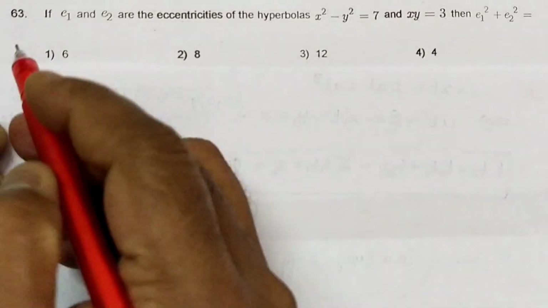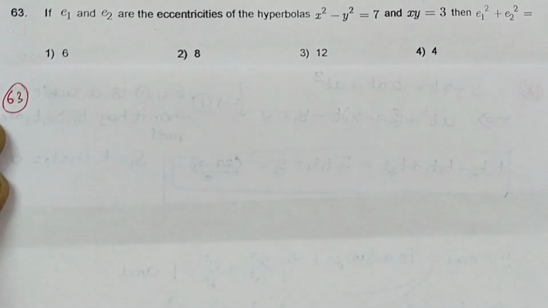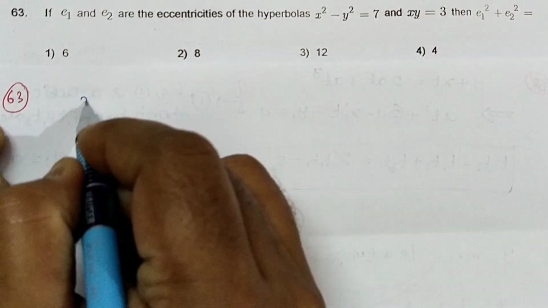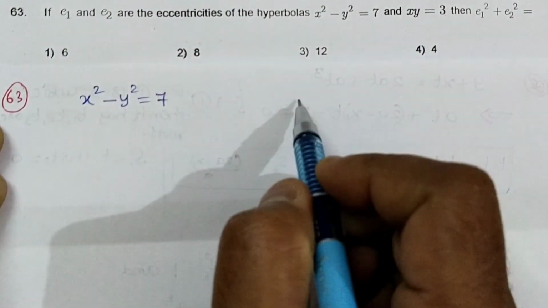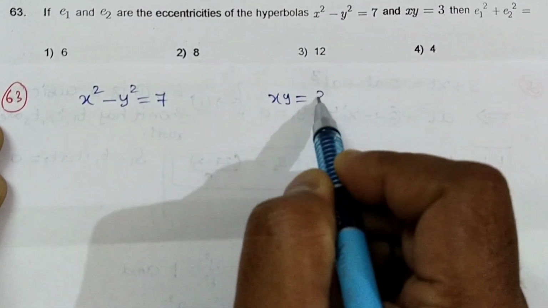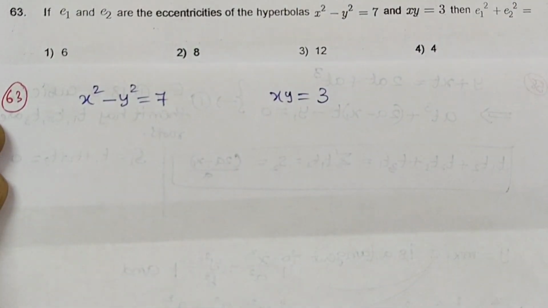The question number 63. If E1 and E2 are the eccentricities of hyperbolas x square minus y square equal to 7 and xy equal to 3. Both the hyperbolas, if you observe that, both are rectangular hyperbolas.